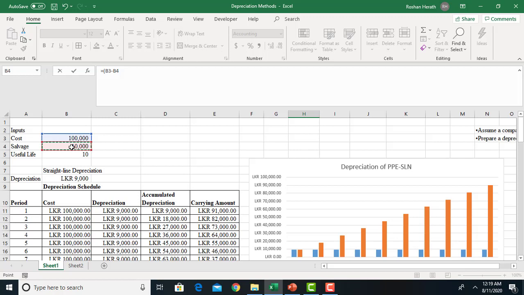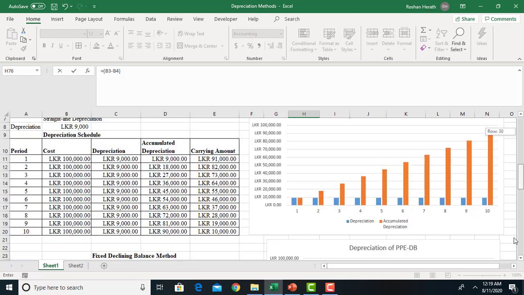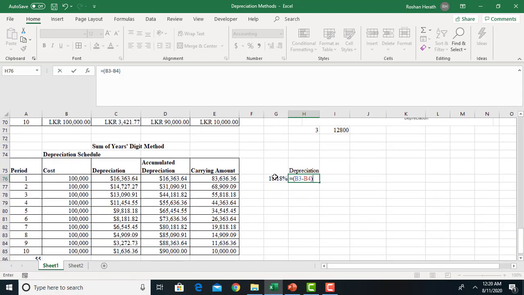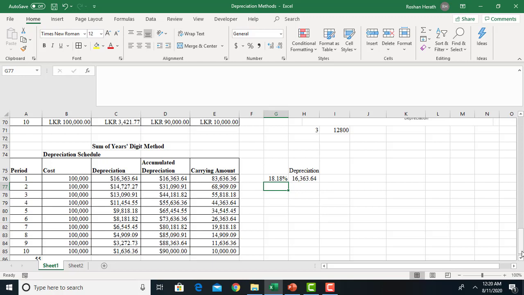Unlike in the previous two instances, here you have to take it like cost minus the salvage value, and that's what you may depreciate using the rate applicable for the period. It's going to be multiplied by 18.18 for the first year. So it comes to 16,363.64.